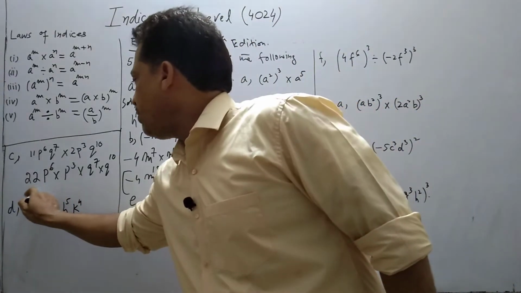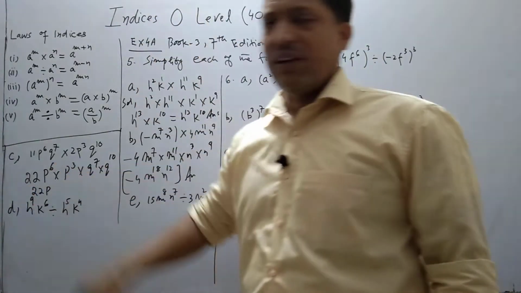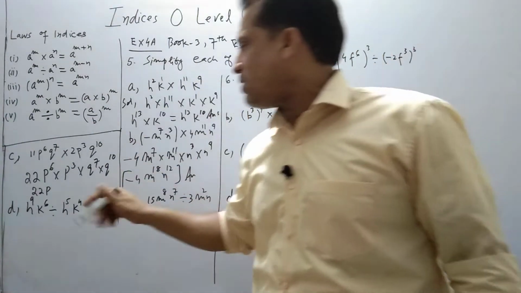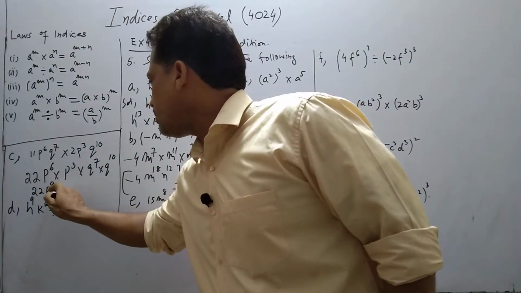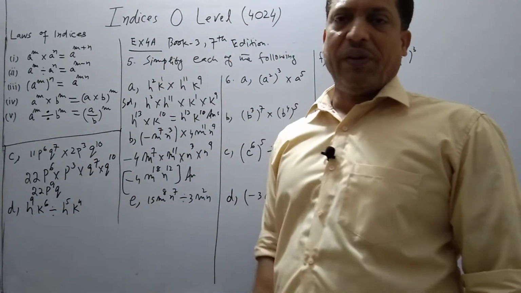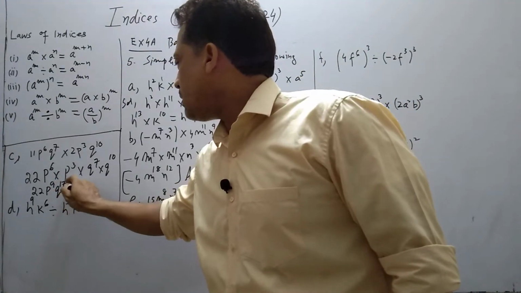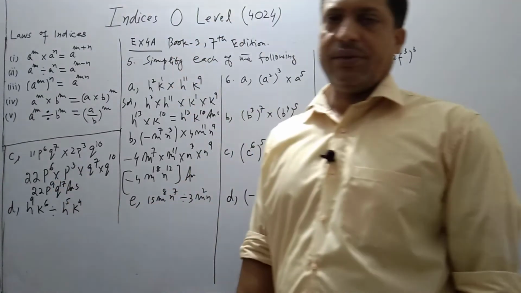So 22, p power 6 p power 3, add both the powers. 6 plus 3 is 9. This is q power 7 and this is q power 10. 10 plus 7 is 17. And this is our final answer.